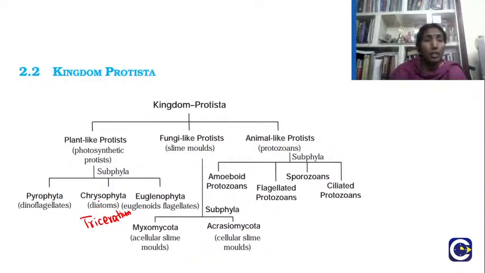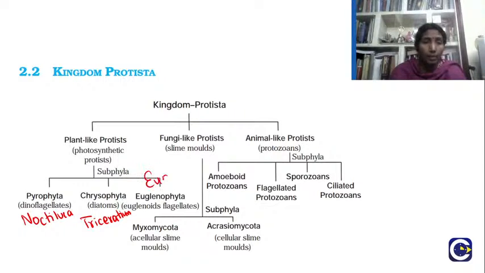Then when I say dinoflagellates, you should remember the best one, Noctiluca, this example you can remember. When I say euglenoids, I hope you all remember Euglena, right? That you can remember in the exam.